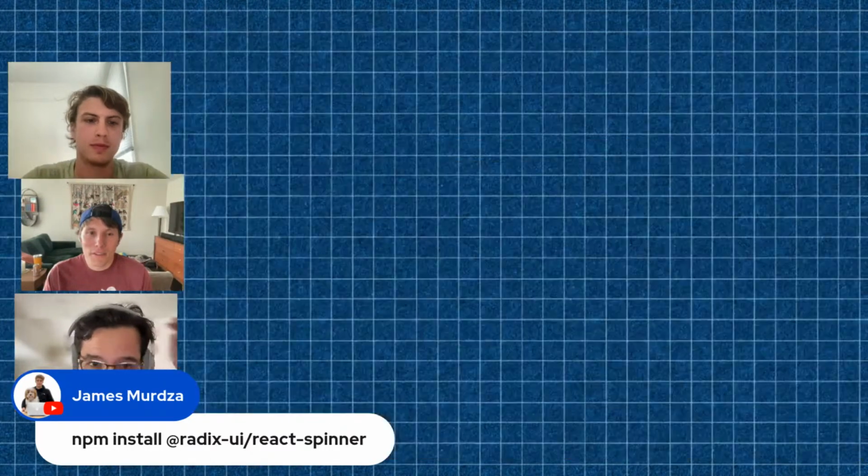That's what I got. I don't see it. Oh, it's just npm install. Oh wait, I see it. I thought it was in the private chat. Sorry, one second. npm install radix spinner.